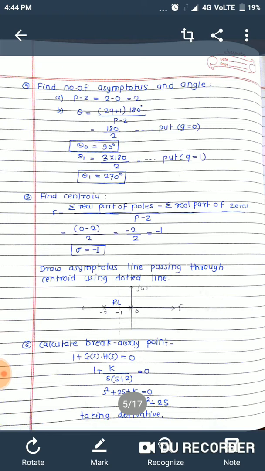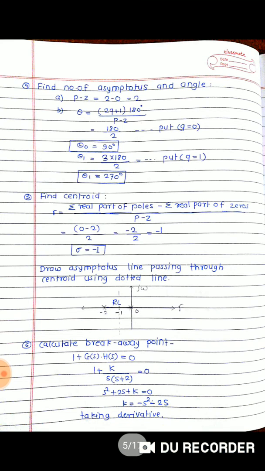Then next step, after finding the number of asymptotes and angle, we'll find out the centroid. Formula for finding the centroid, centroid sigma is equal to summation of real part of poles minus summation of real part of zeros divided by p minus z.